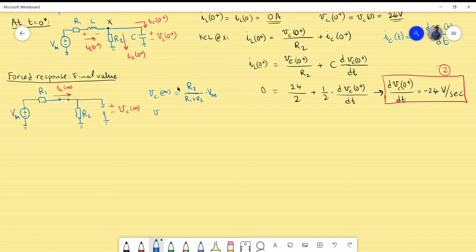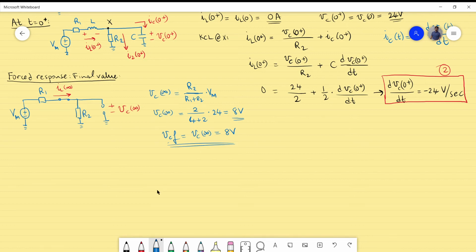So that's actually, if you write it down, you will get 2 divided by 4 plus 2 times the 24, that will give us 8 volts, and that's actually also the required value for the forced response. So the forced response is also 8 volts. So this is actually one of the parts of the total response.